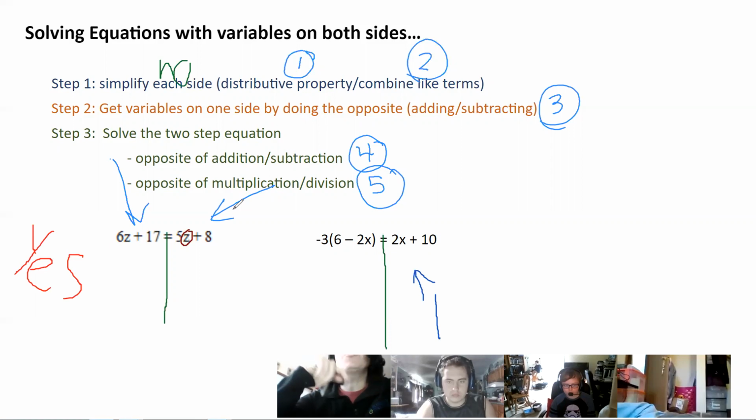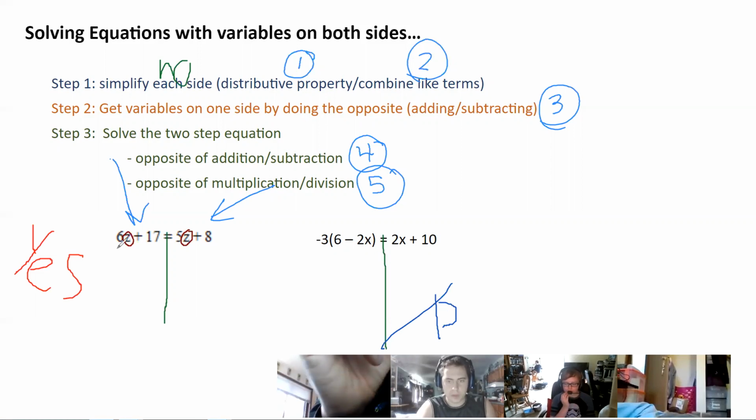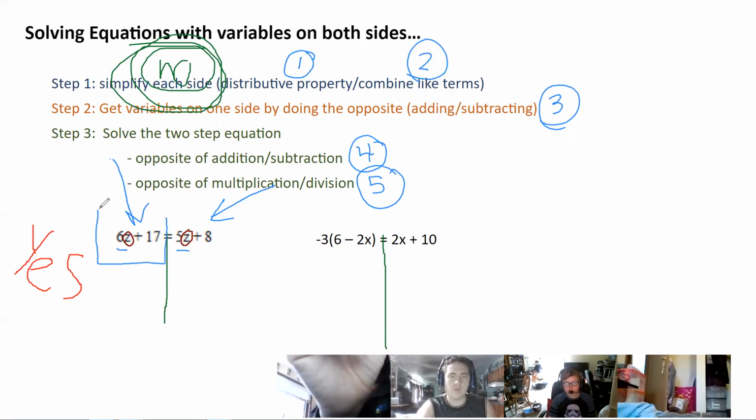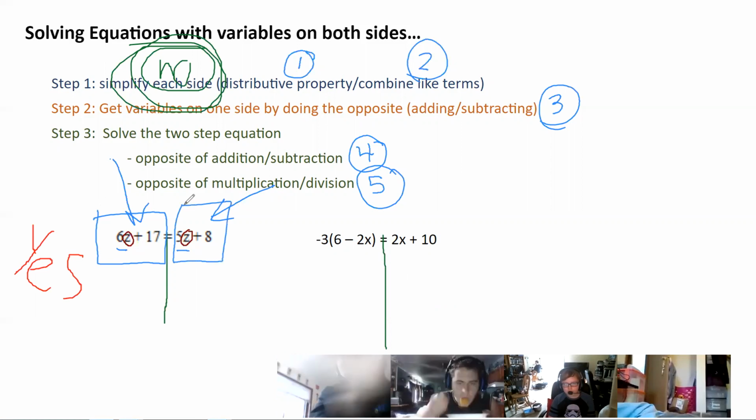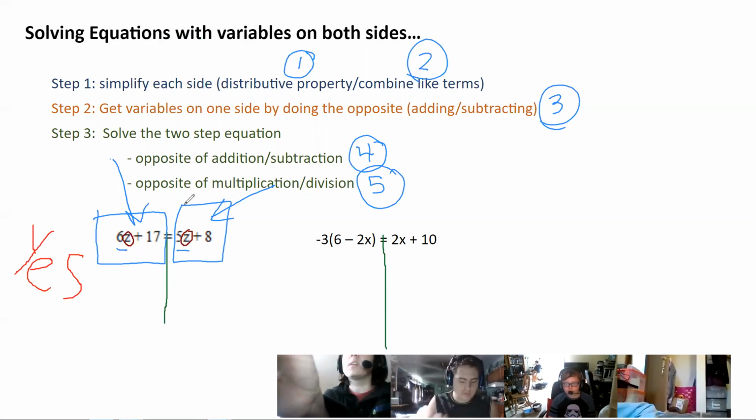We would actually say no to that, and I expected some people to say yes, because there's two z's. But on each separate side, on this side, we don't need to combine anything, and on this side, we don't need to combine anything. So that one, we don't have to combine anything quite yet.